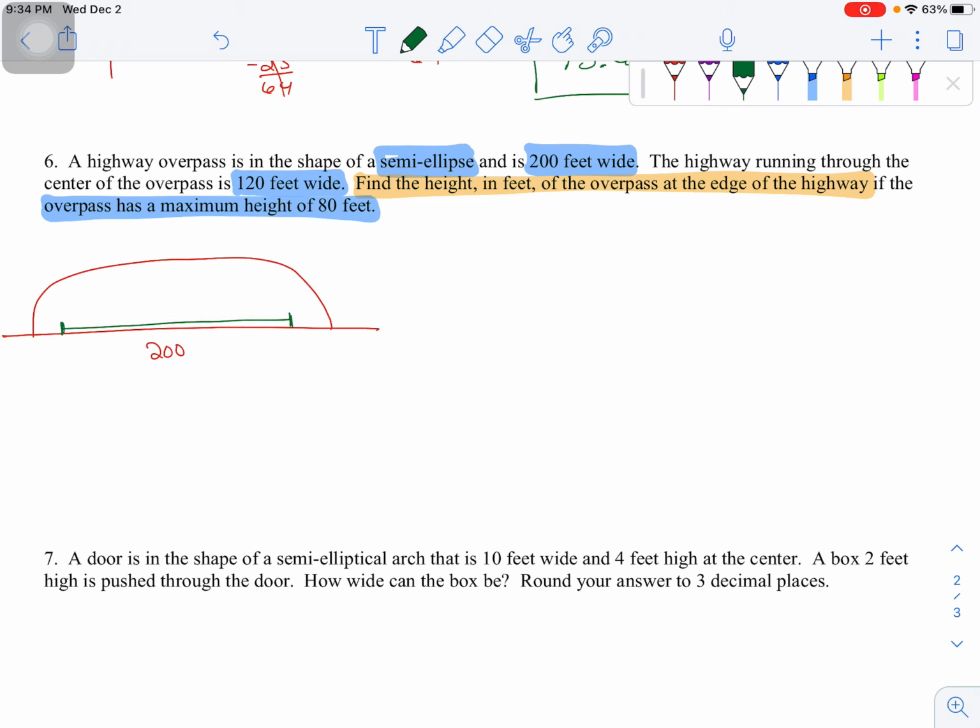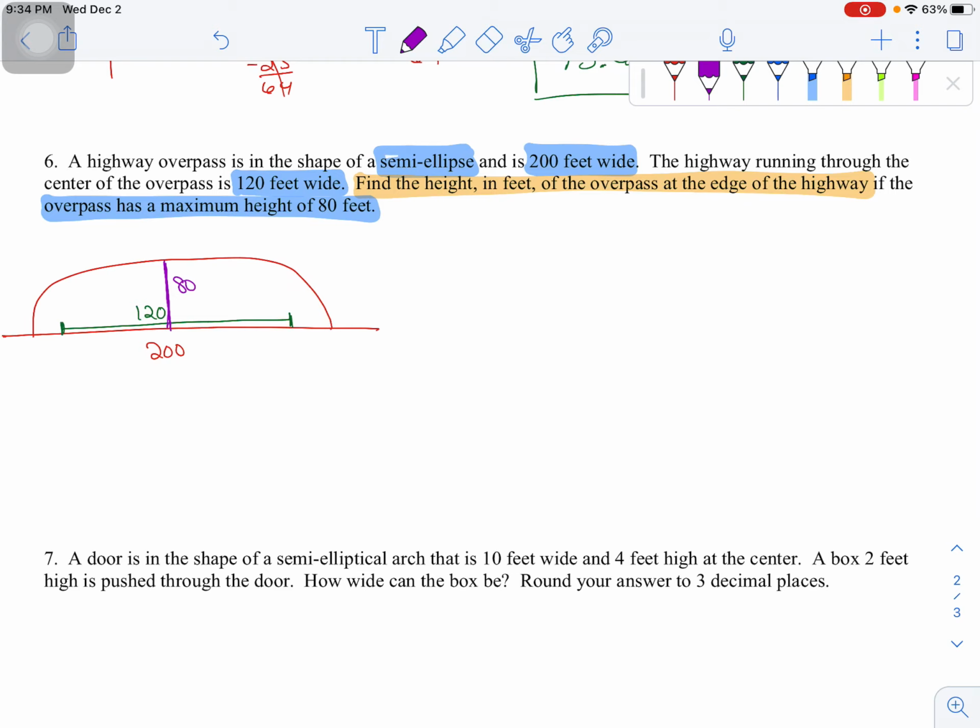There is a highway in here that runs straight through the middle, and that highway has a width of 120 feet. And we know that the maximum height of our overpass is 80 feet. So all of this together is going to create an equation for us.